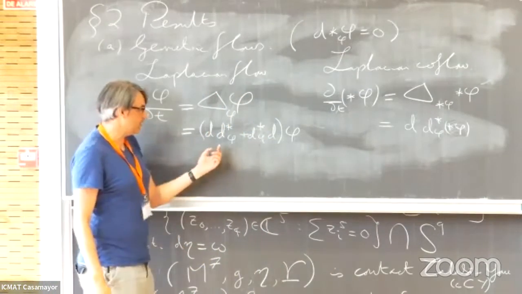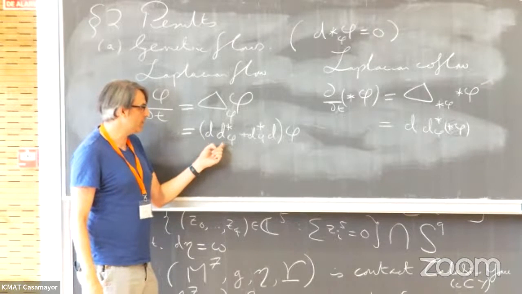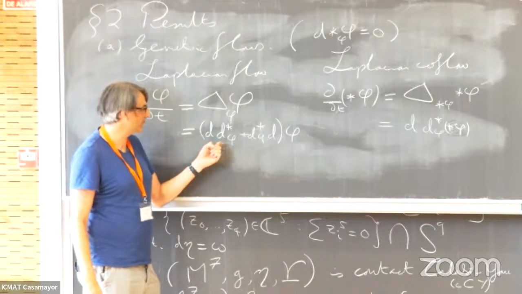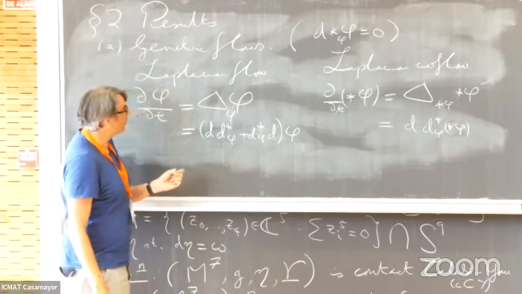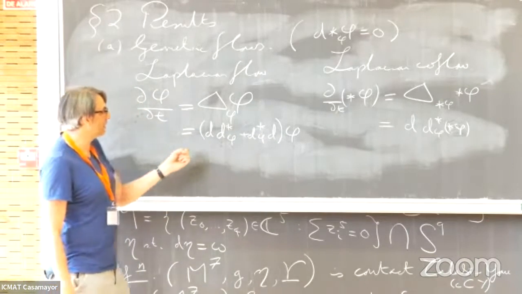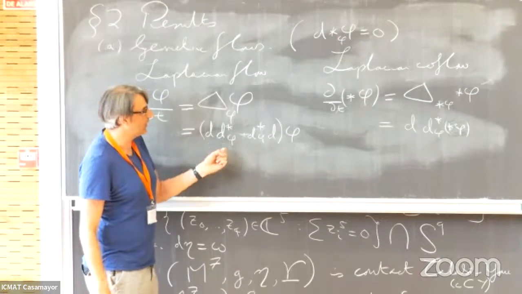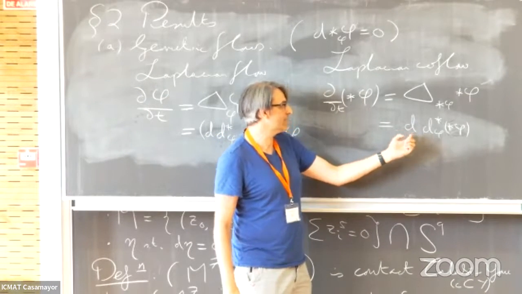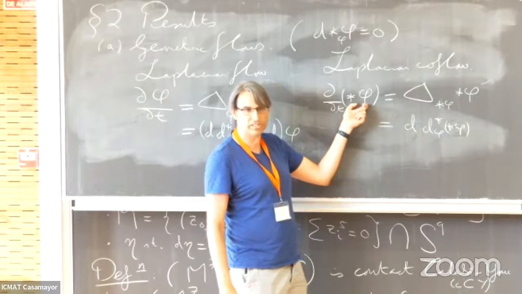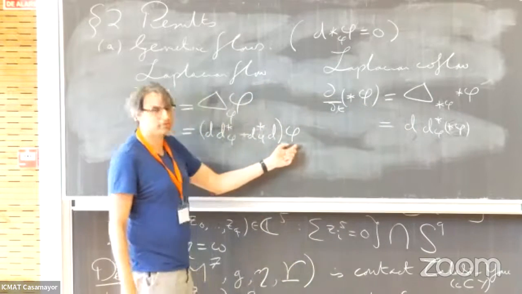You may say to me, why didn't you do the same thing here? Because look, there's a d star phi there, isn't there? Shouldn't I throw that away? That's a very good thing, but the problem is that unlike the D condition, which is a linear condition, the co-closed condition is linear on star phi, but it's non-linear on phi.